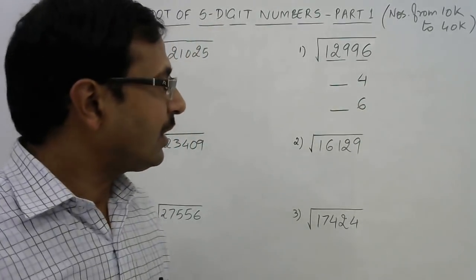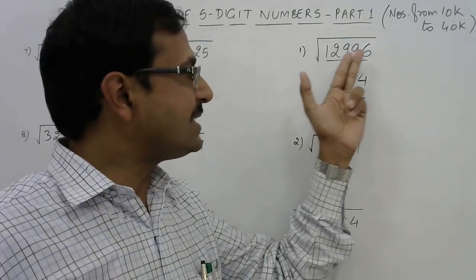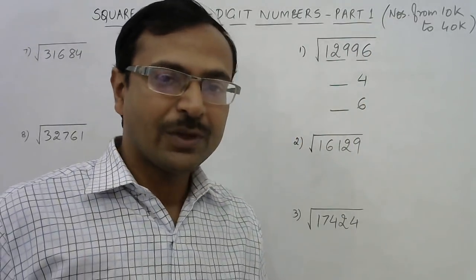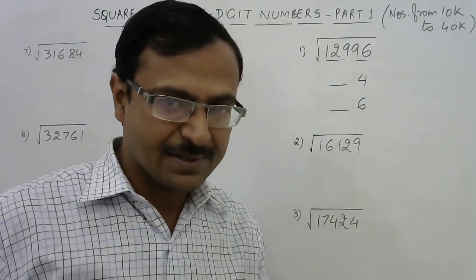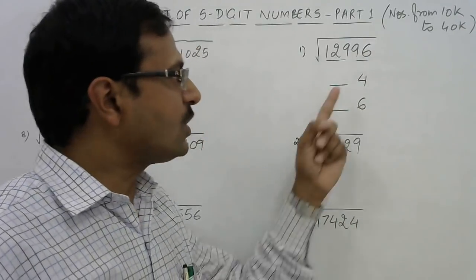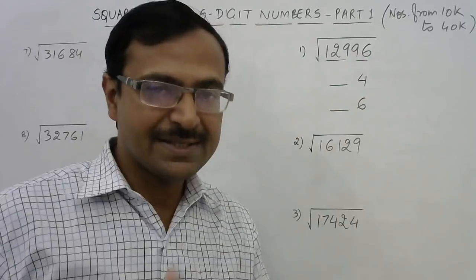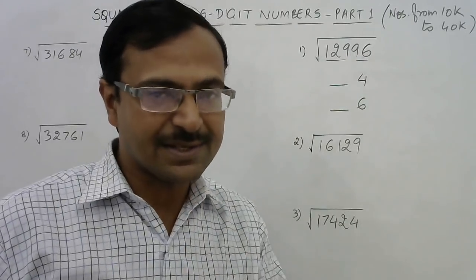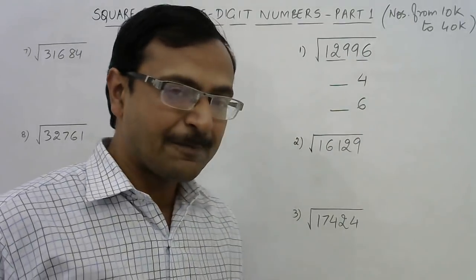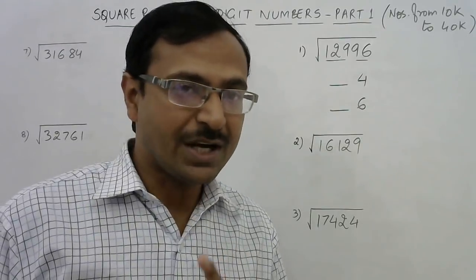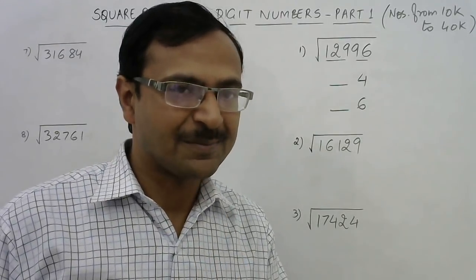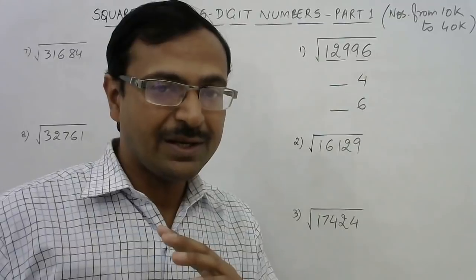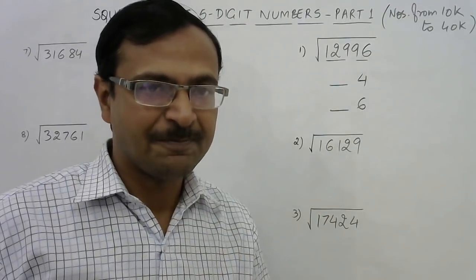So the square root of 12996 will either end with 4 or end with 6. Why? It is because the square of 4 is 16, which ends with 6, and the square of 6 is 36, which again ends with 6. So you need to be well aware of this fact.